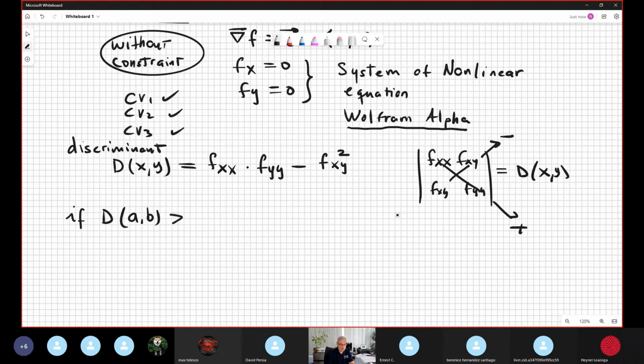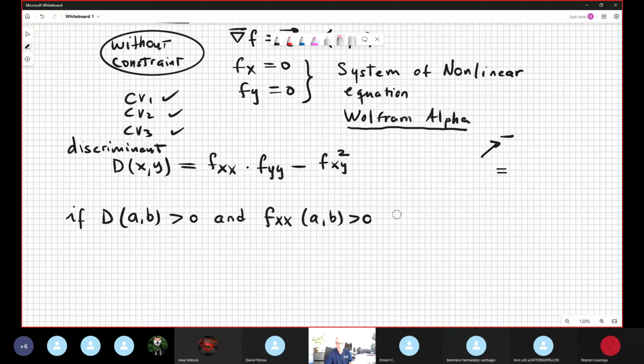If you see a positive value, and the second derivative with respect to x, evaluated at the point, is also positive, that means we are in front of a relative minimum. Let me try to give an interpretation of this.